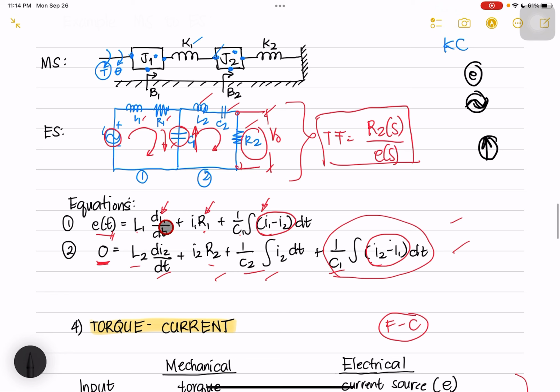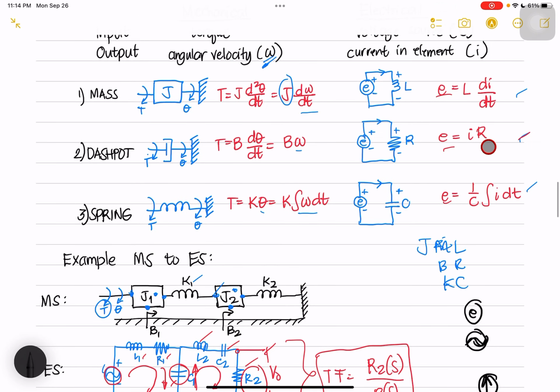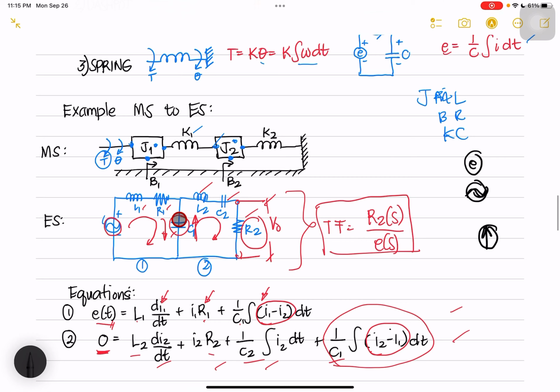So, L1 di1 over dt plus, next, R1. So, I1 R1. The formula still comes from the same place. Then what else? This C1.